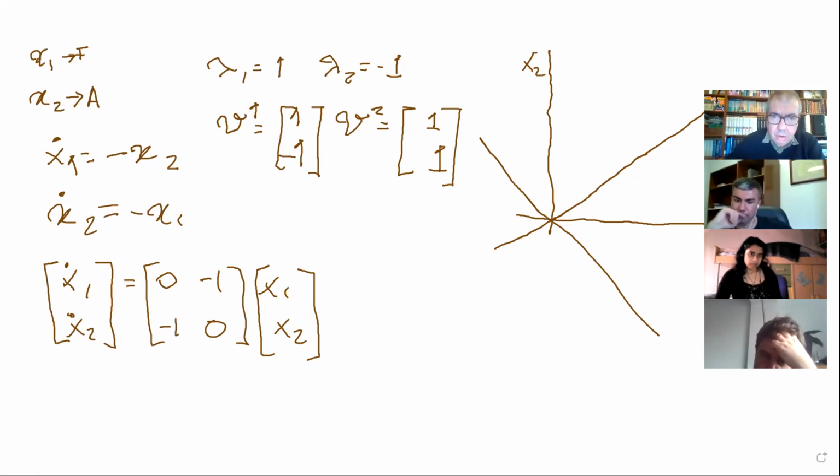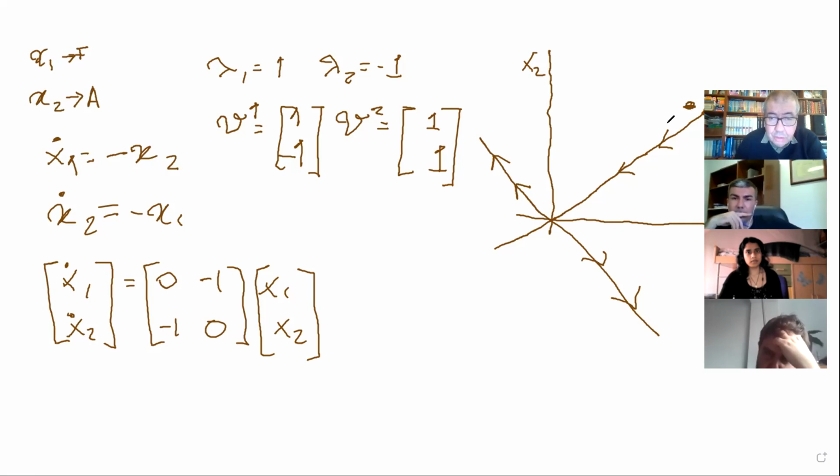So here you go to the origin, inside. And here you go where? Outside. And here you go outside. Now, if you are here, where do you go? If you start here, where do you go?